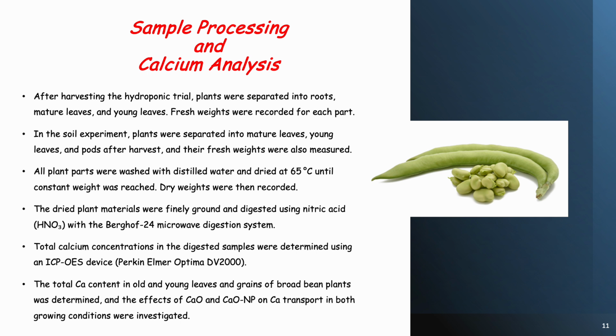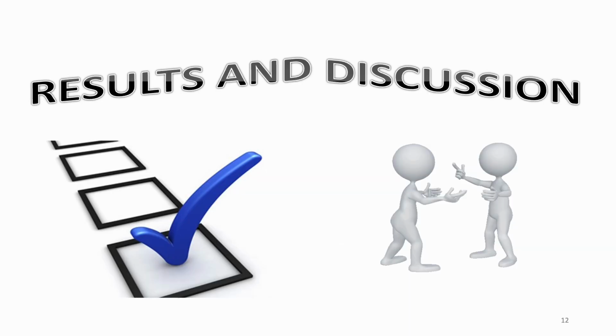The dried samples were finely ground and digested with nitric acid using a microwave digestion system. Calcium concentrations were then measured using ICP-OES. This allowed me to determine the total calcium content in the different plant organs and evaluate how calcium oxide and nanocalcium oxide affected calcium transport in both hydroponic and soil-grown plants.